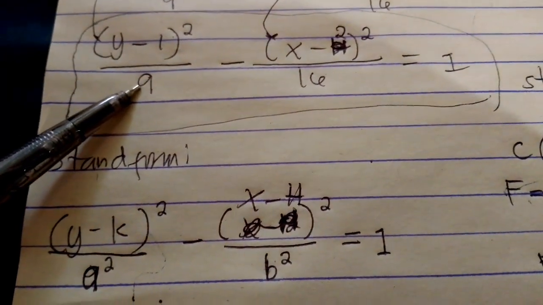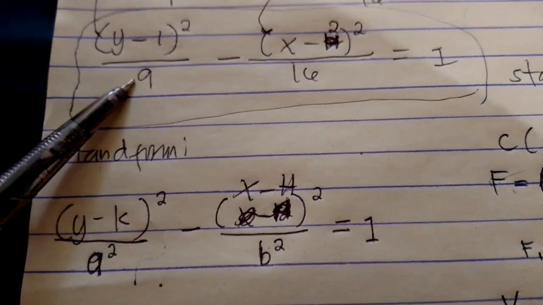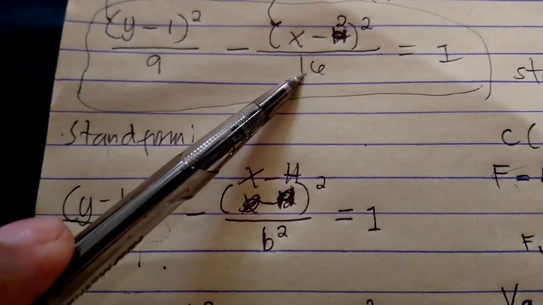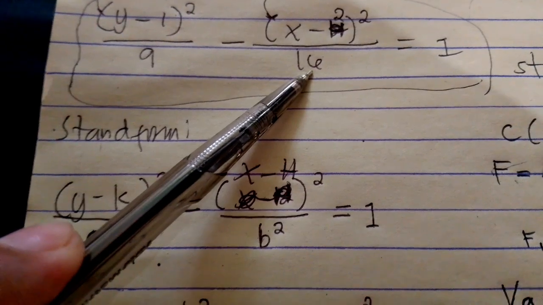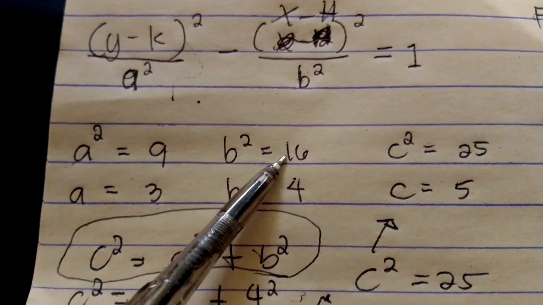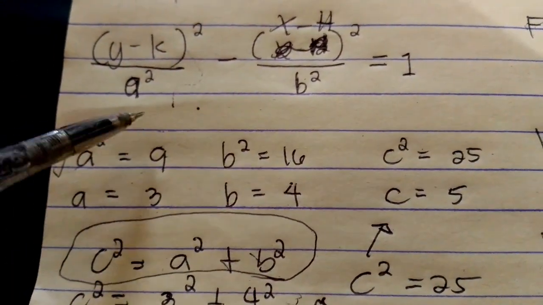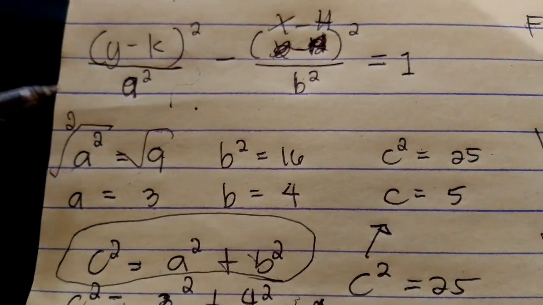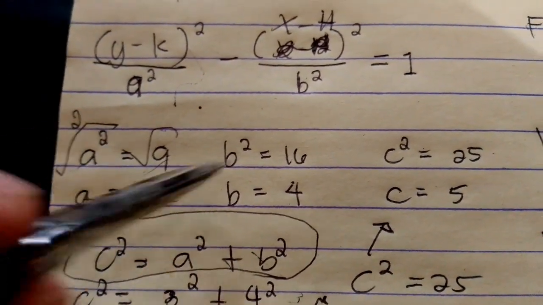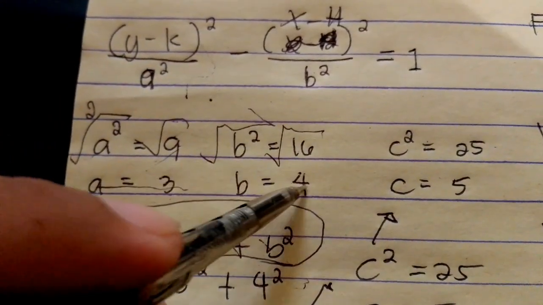In this equation, a squared is 9 and b squared is 16. Taking the square root, a is equal to 3, and b is equal to 4.